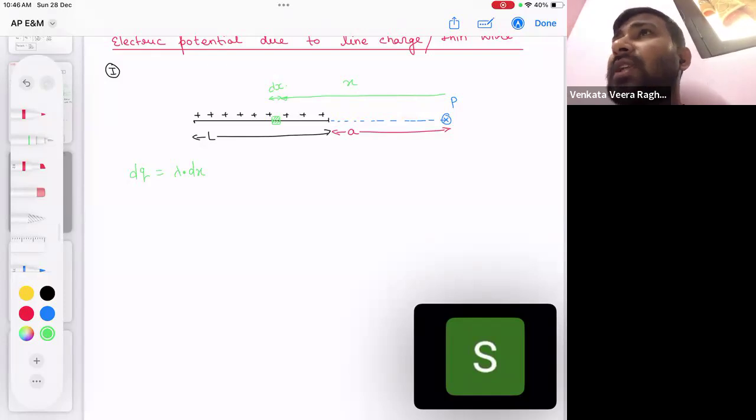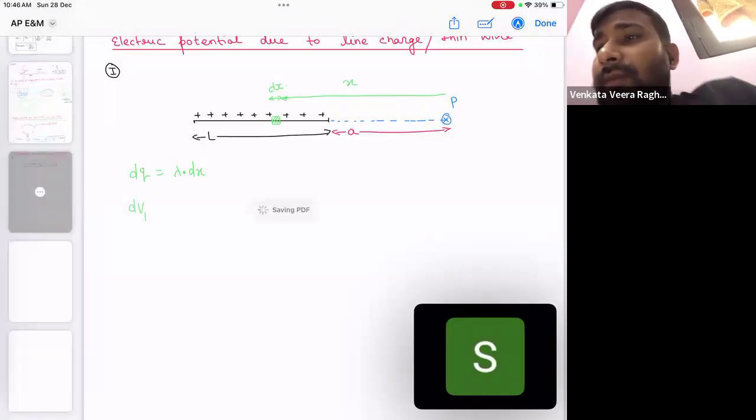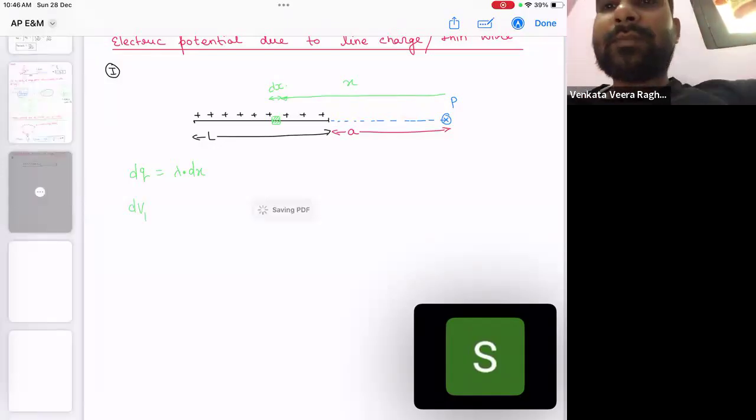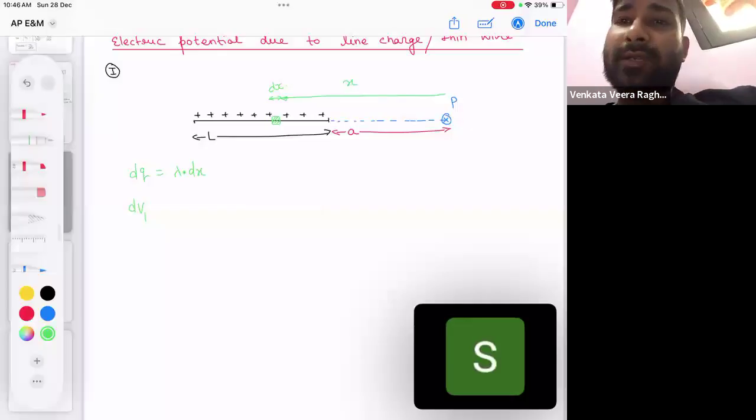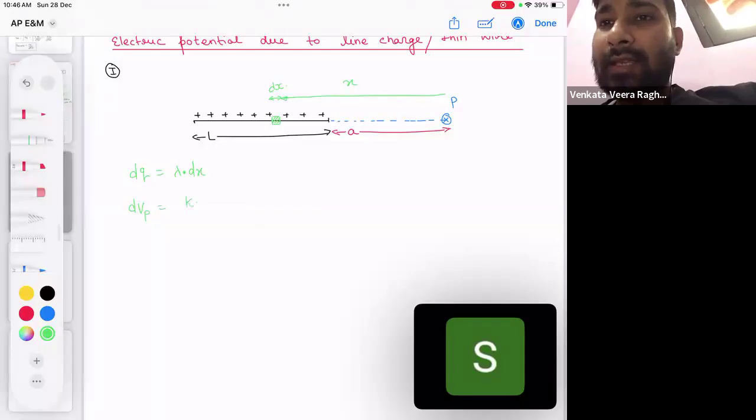We should calculate the potential due to this small element at point P. How much will it come? K dq over the distance.